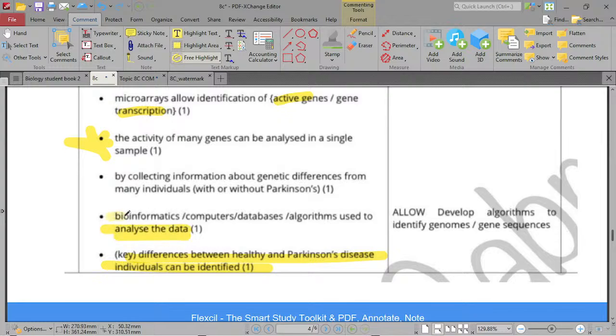So we use bioinformatics or computers to analyze the orders of magnitude of data that is formed from this research. So this is pretty big. Collecting information about genetic differences from many individuals with or without the disease.